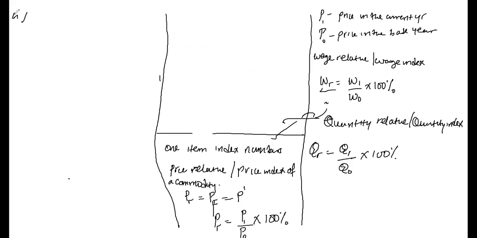In January 1986, the price of a packet of biscuits was shillings 3,000.